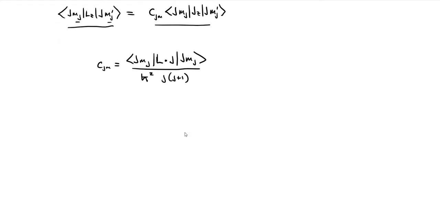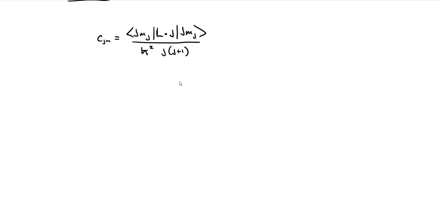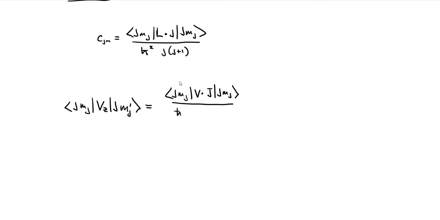More completely, what the Wigner-Eckart theorem says can be written out as: the matrix element ⟨j m_j| V_z |j m_j'⟩ of the z component of some vector operator can be written as ⟨j m_j| V·J |j m_j⟩ over ħ² j(j+1), times ⟨j m_j| J_z |j m_j'⟩.